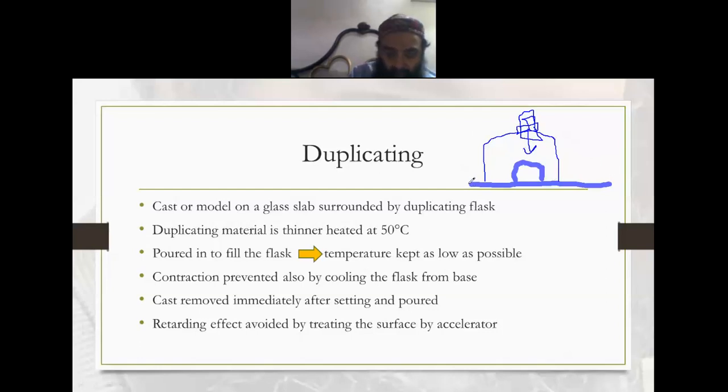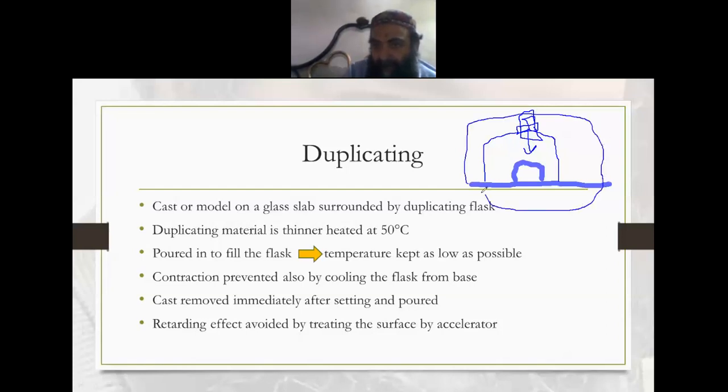You can keep it cold by applying or pouring cold water or anything else. Contraction is also prevented by cooling the flask from the base, so try to prevent contraction through cooling the flask from the base.